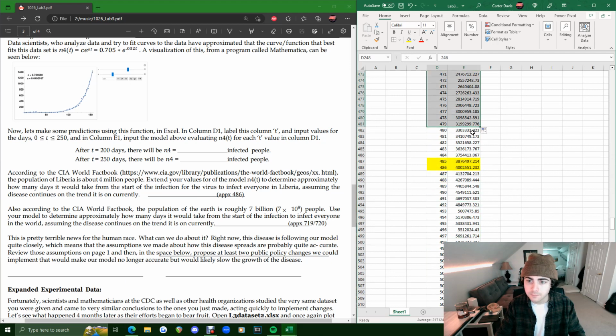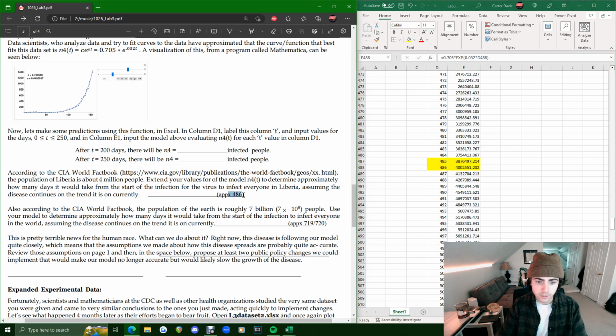We get to a point where at 485 to 486, you can see a jump from about 3.8 million to about 4 million and something. So it takes about 486 days, which is maybe a year and a half, to hypothetically infect Liberia.